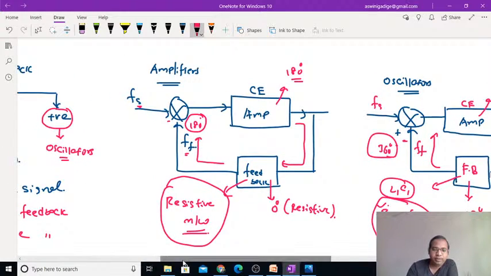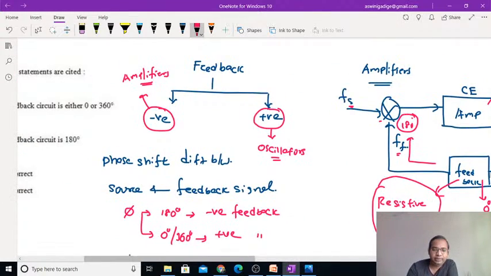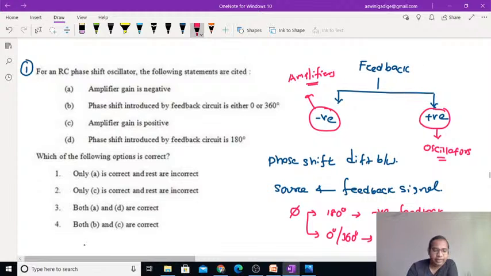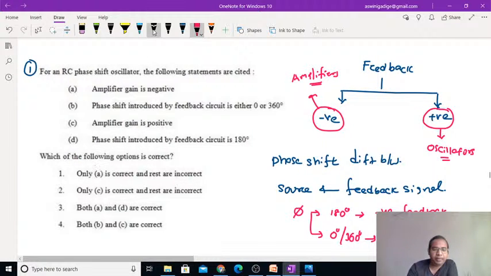Fine. So now, after going through all these things, what is the correct answer, guys? What is the correct answer for an RC phase shift oscillator? The following statements are true. Amplifier gain is negative.